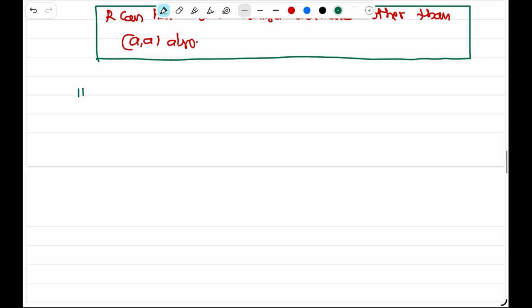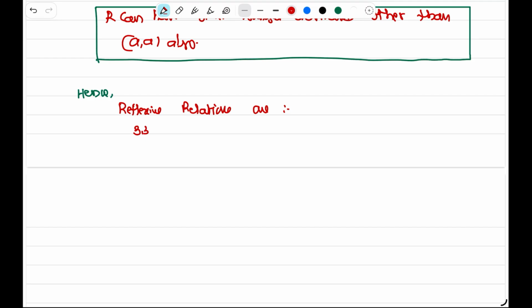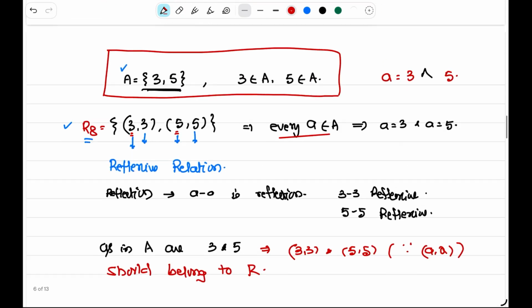Hence, reflexive relations are (3, 3), (5, 5), and this is R8.